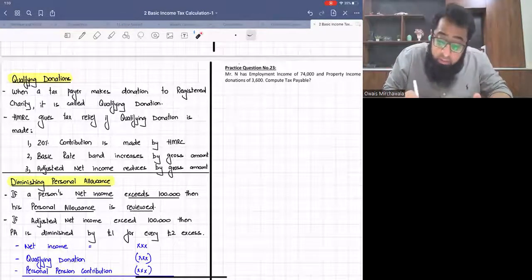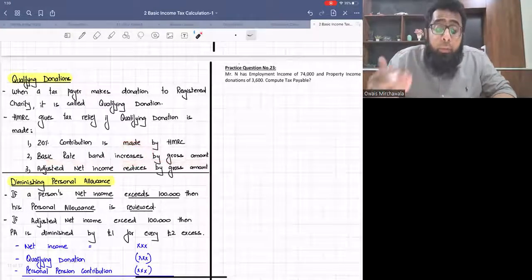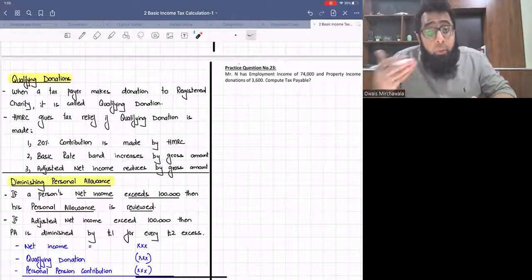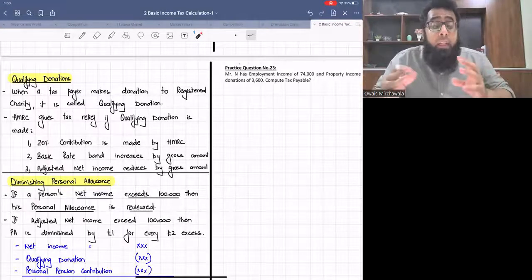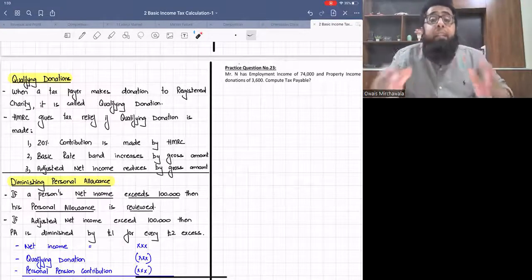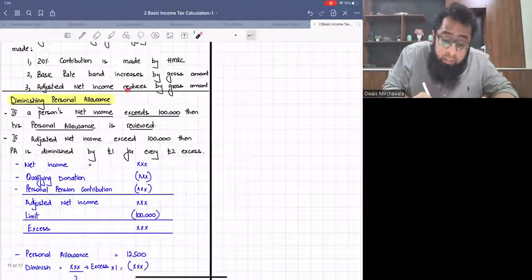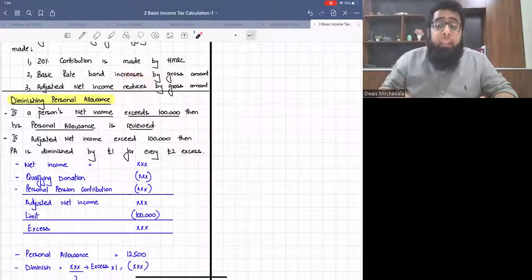The second benefit is that his basic rate band is increased. When your basic rate band gets increased, your greater income will be taxed at a lower band, and your adjusted net income is reduced. You must be thinking, what is adjusted net income?